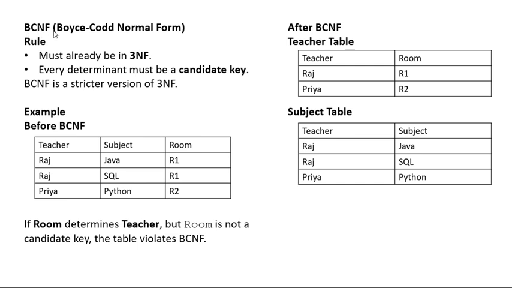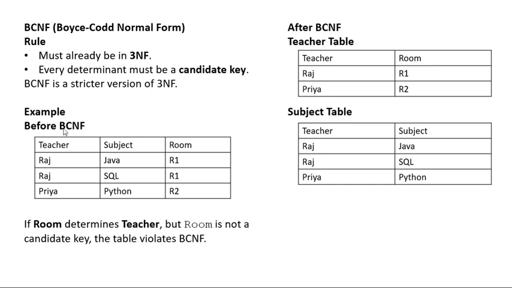And BCNF is Boyce-Codd normal form. The rules: it must already be in 3NF, and every determinant must be a candidate key. BCNF is the strictest version of 3NF.